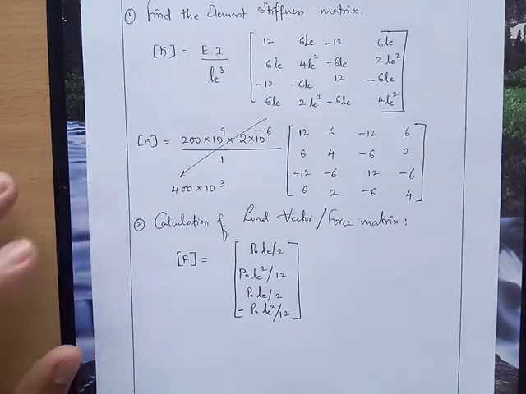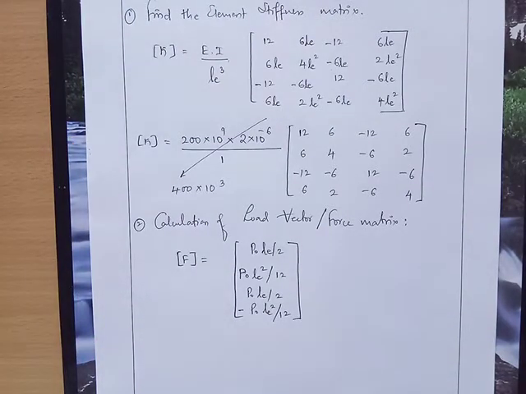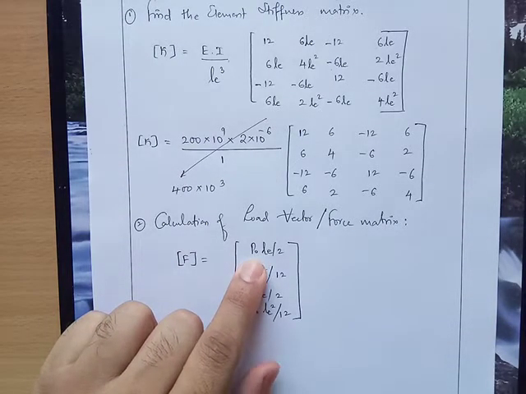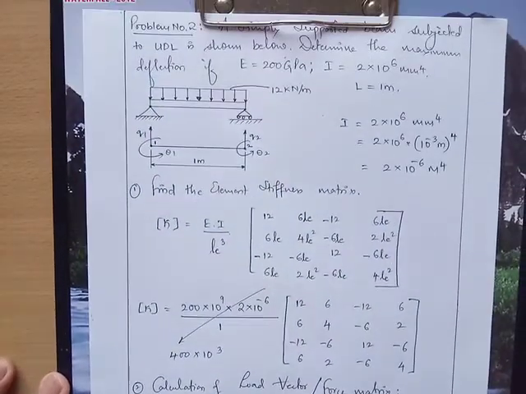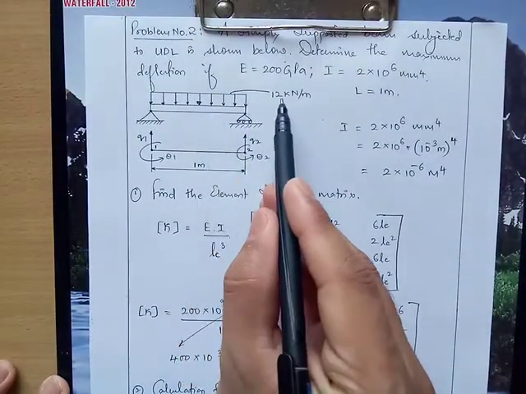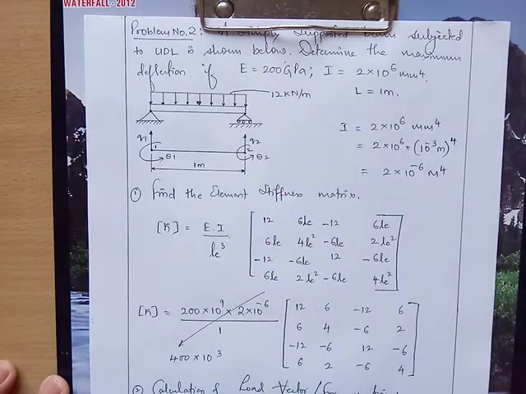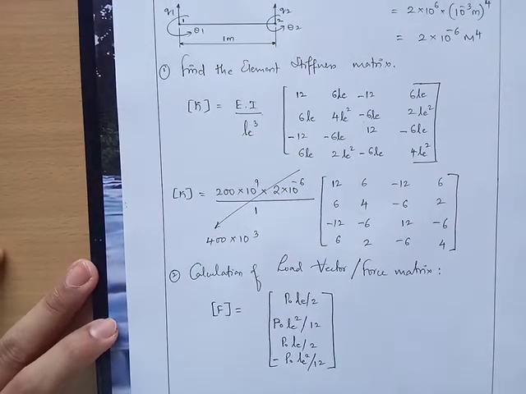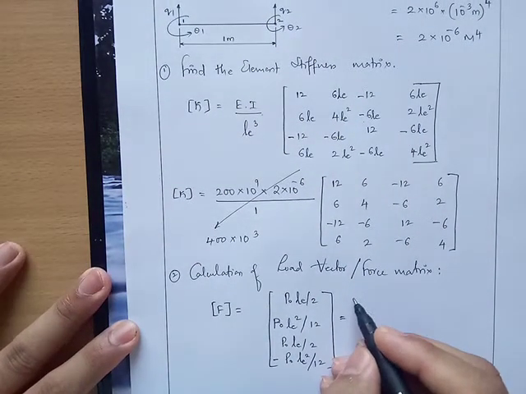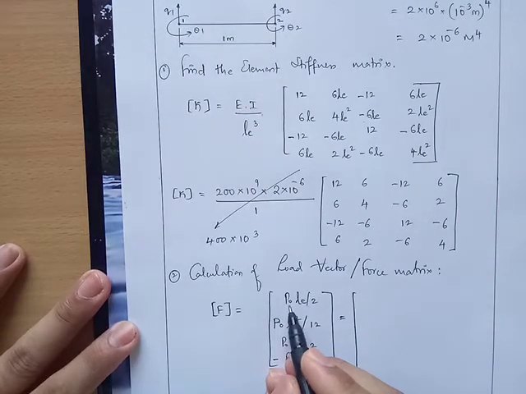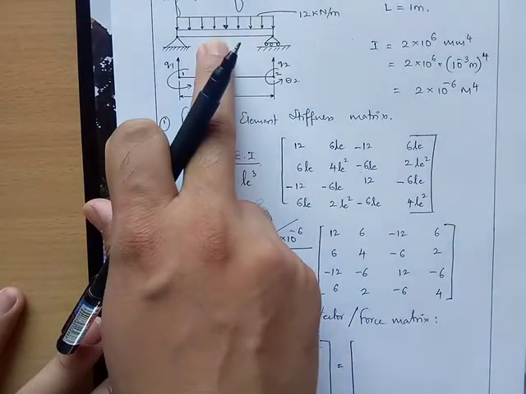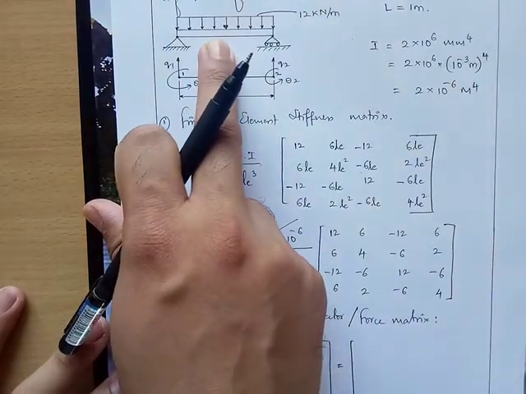So this is the general form of the load when it is expressed as UDL, where P naught is given as 12 kilonewton per meter. The value of P naught is given in the problem. Now if you substitute this here, since the load in the given problem is acting downwards, I should take it as negative.